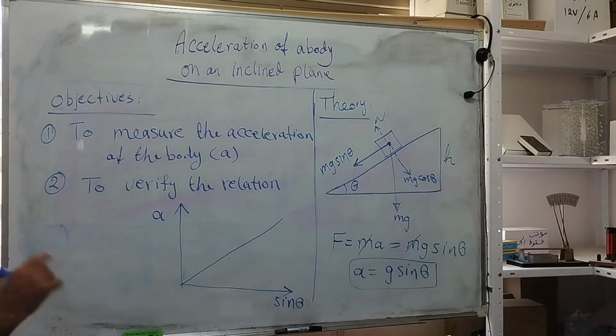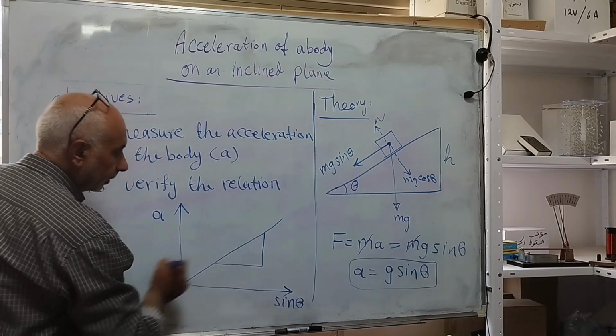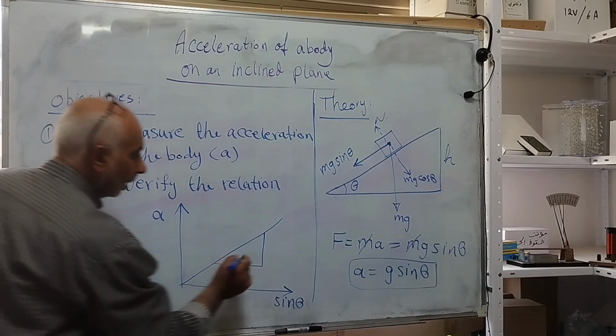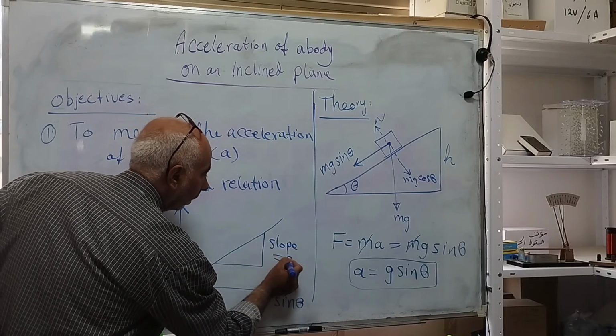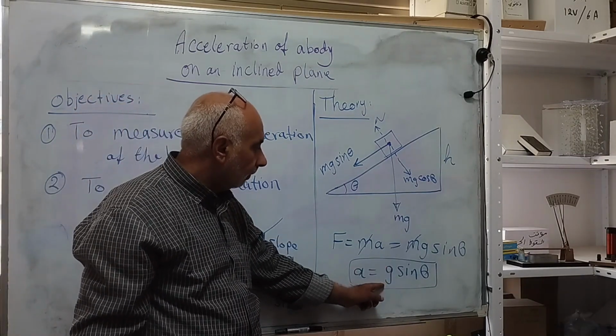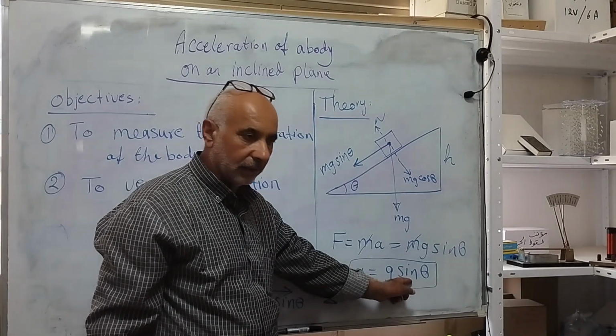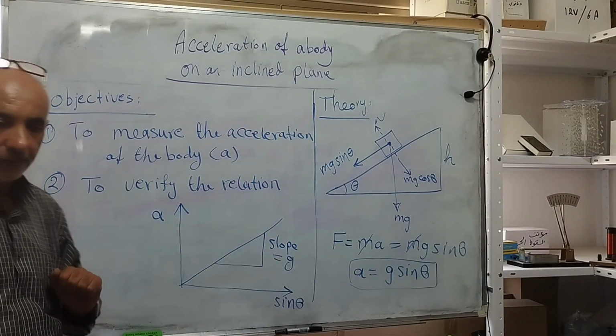We should get a straight line. If we find the slope, or the gradient, of this straight line, this slope will be equal to g, which is the factor of the variable sine theta. This is the theory of the experiment.